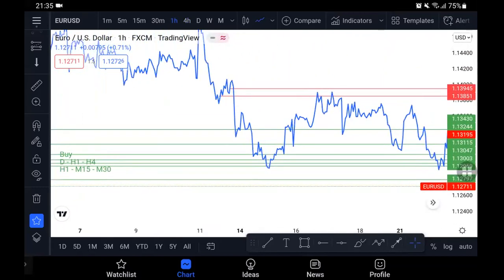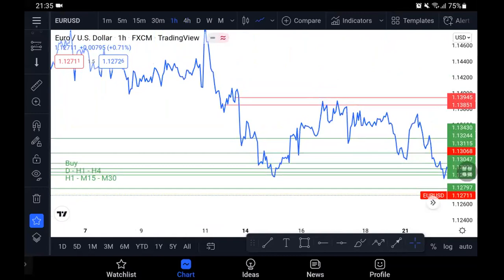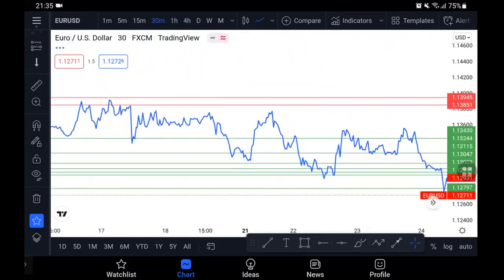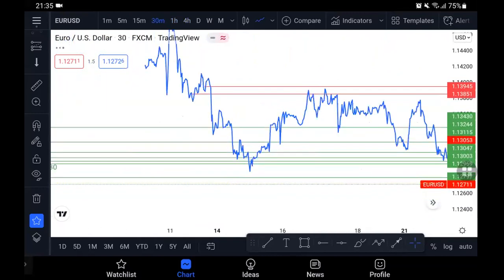So this is the key level for H1, and drop to entity for the key level for sell.